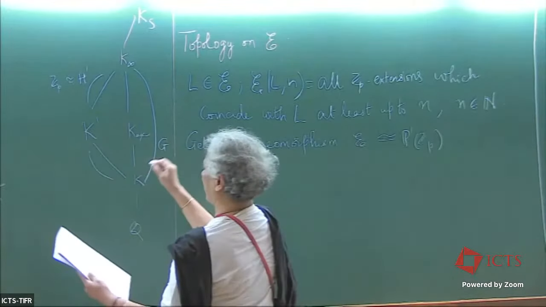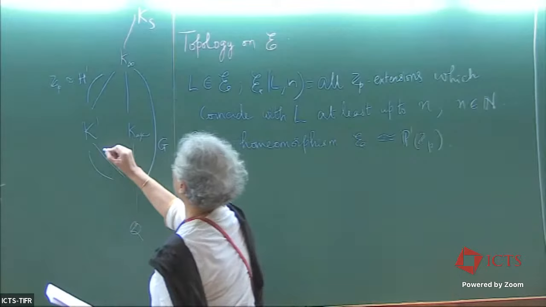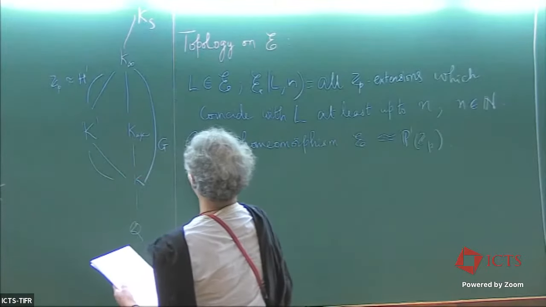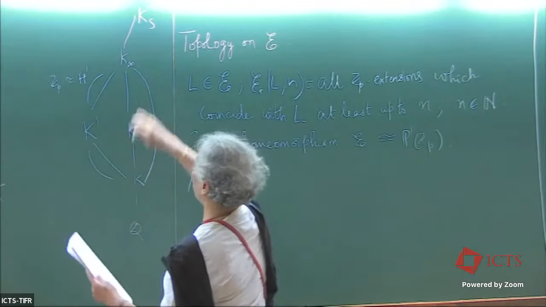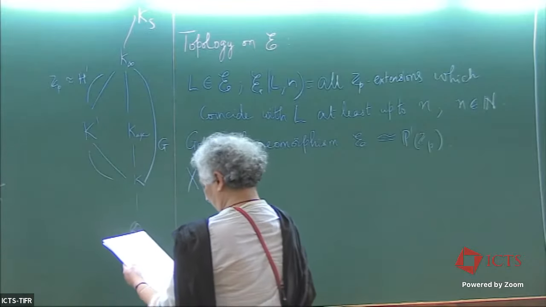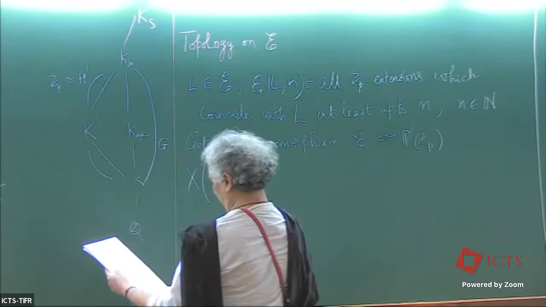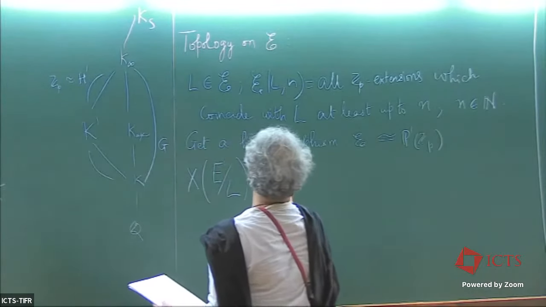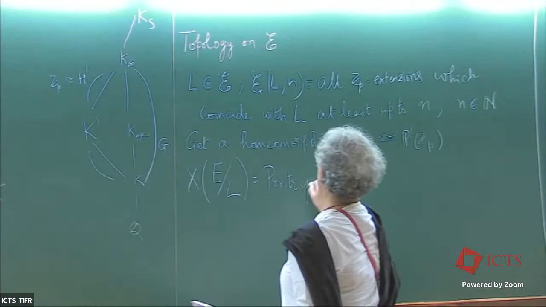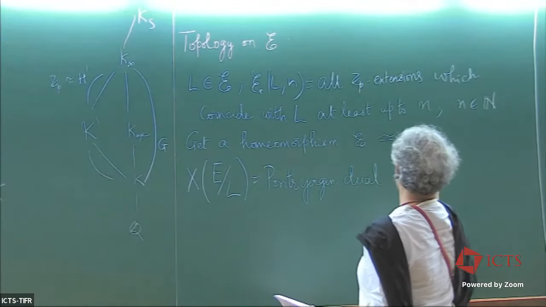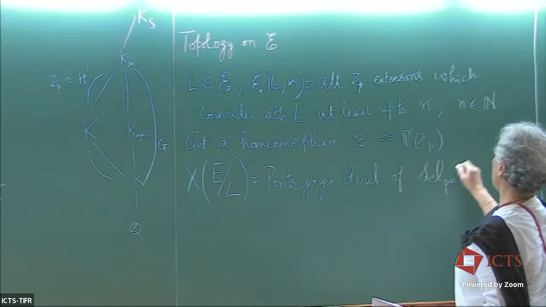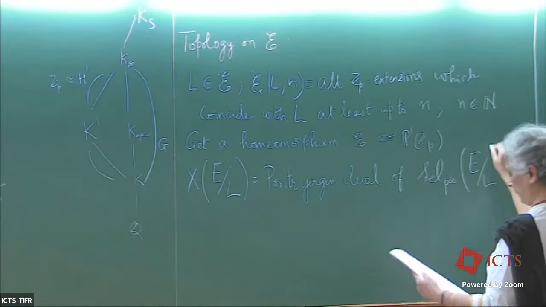So when I work with any such K', so in general, for any extension L, anywhere, infinite, finite, whatever, let me write X of E over L. This is the Pontryagin dual of the usual Selmer group, the p-infinity Selmer group of E over L.